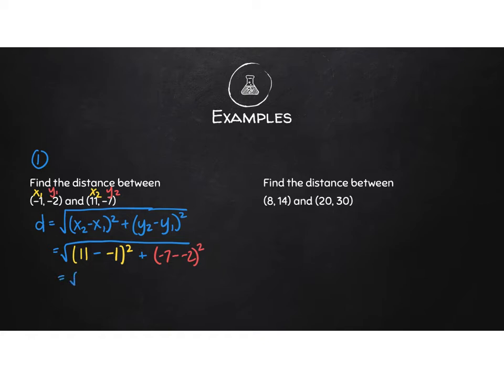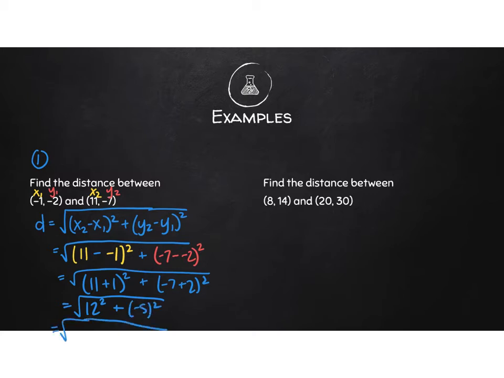That equals the square root of 11 plus 1. Remember, minus a negative becomes plus, so plus 1 squared, plus negative 7 plus 2 squared. No, you don't need to show that step, but I just wanted to remind you how those operators work. So 11 plus 1 is 12 squared, plus negative 7 plus 2 is negative 5 squared. 12 squared is 144, plus negative 5 times negative 5 is 25.